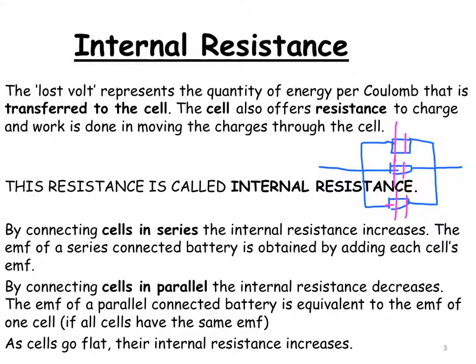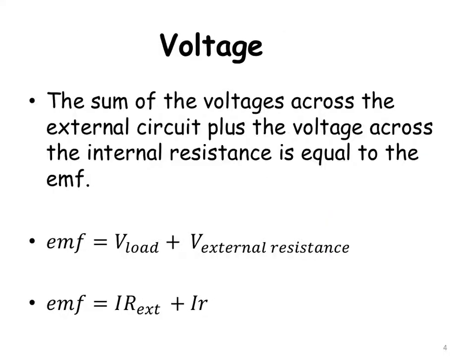The other advantage of connecting cells in parallel is that you decrease the internal resistance of the battery. As cells become flat, you find that their internal resistance increases. In other words, it is more and more difficult to move charges through them as they become flat.